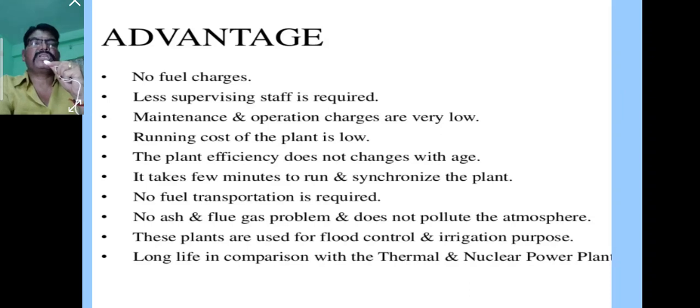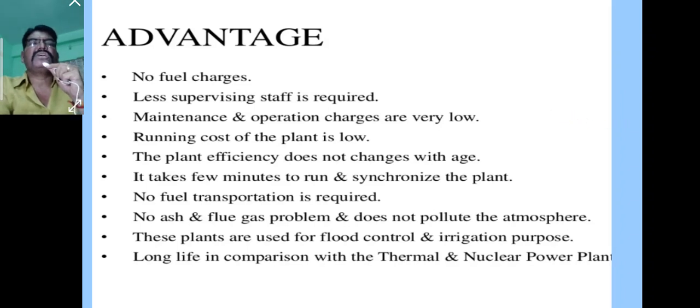No fuel transportation is required, no ash and flue gas problems, and it does not pollute the atmosphere. These plants are useful for flood control and irrigation purposes. Long life in comparison with thermal and nuclear plants.